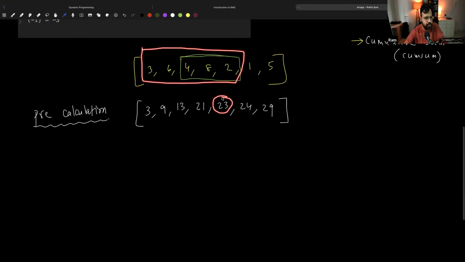Do you guys agree? If from this entire sum, I am able to remove this part, which is 13, correct? So if I'm able to subtract this and this, what will I get?